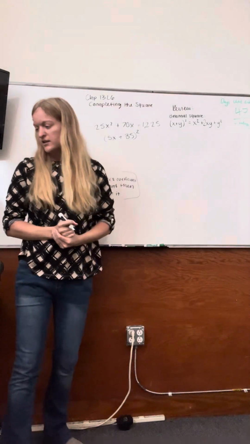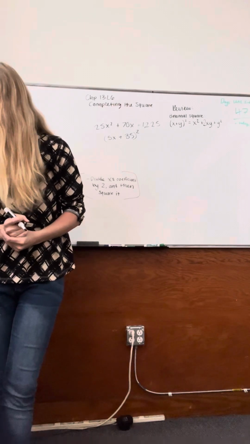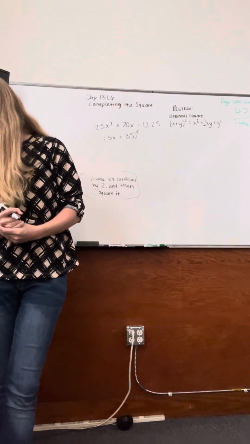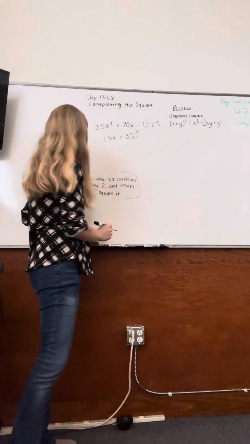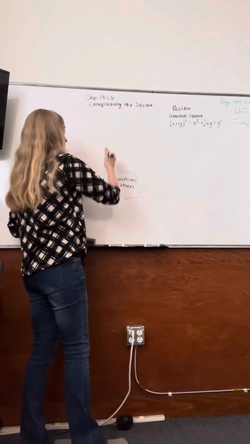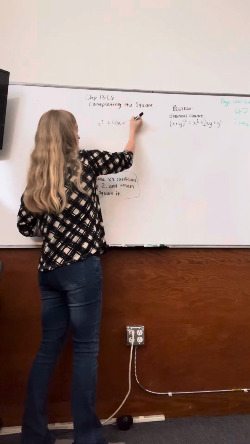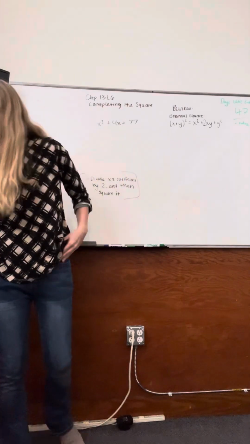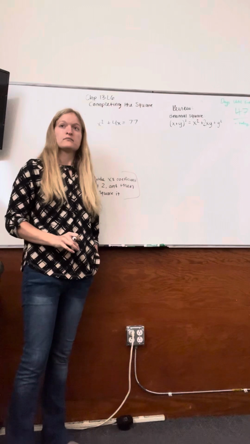Okay? All right, let's try to solve one. The equation we're going to work through is x squared plus 4x equals 77. Okay, Ellis, what's the first thing we need to do here?